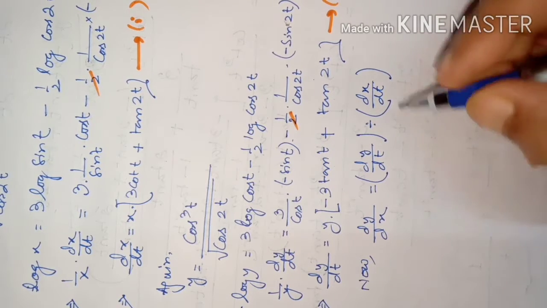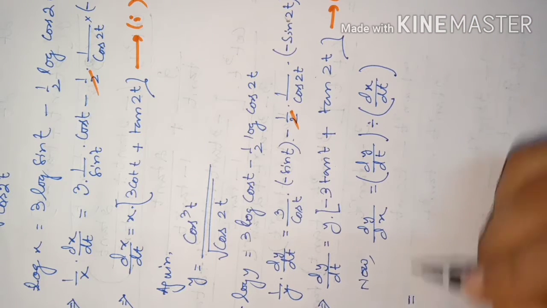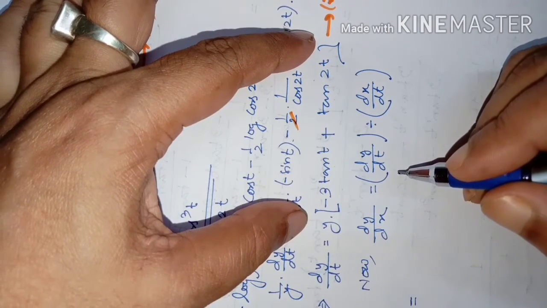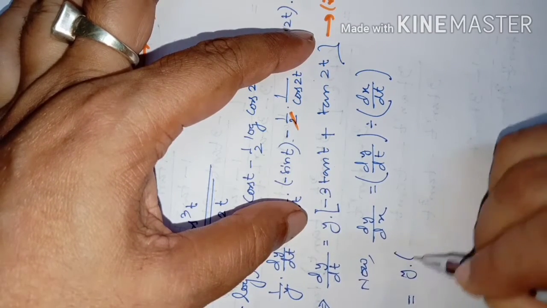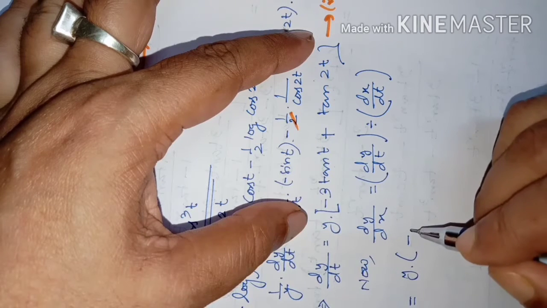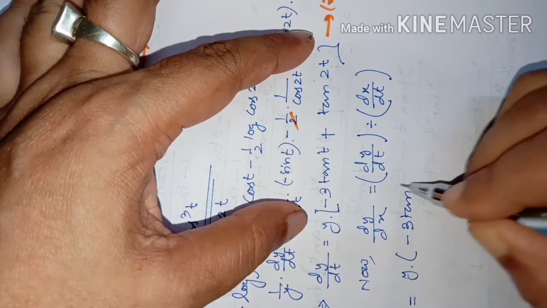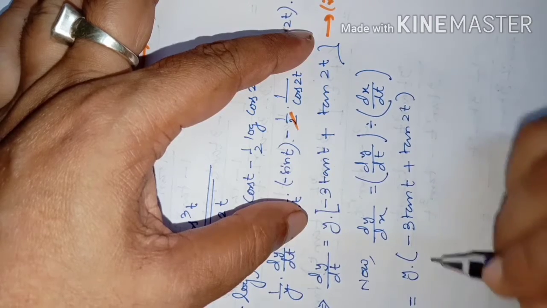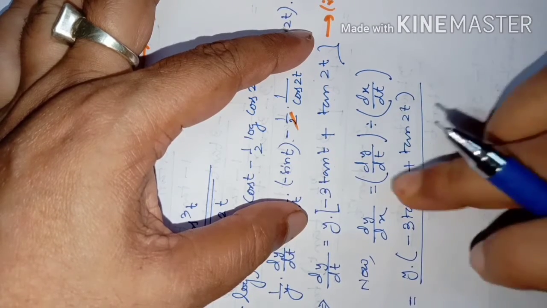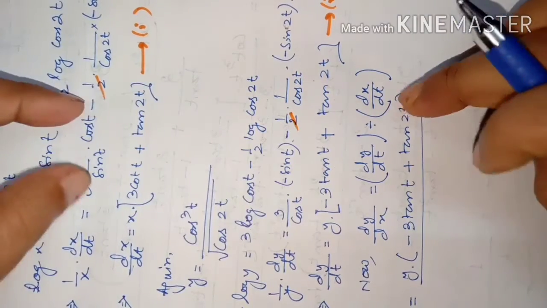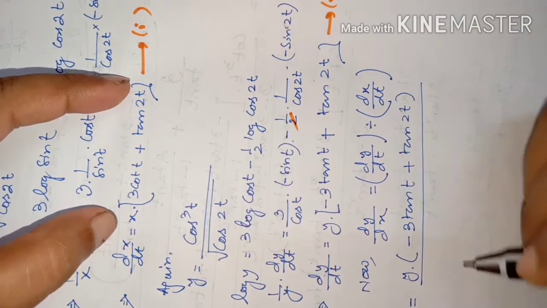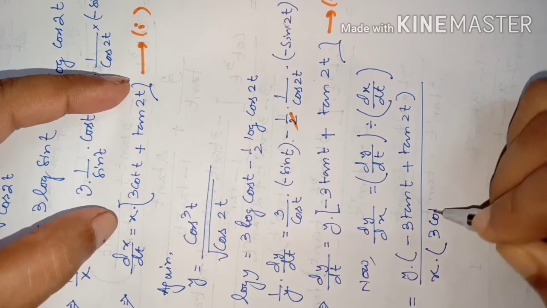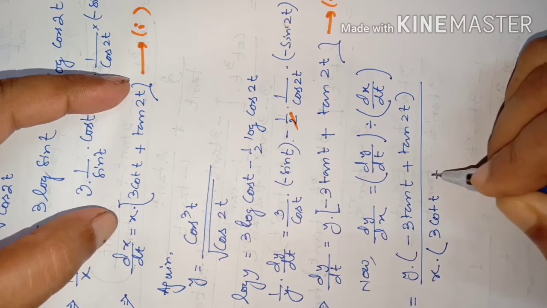Now dy by dt is here, y into minus 3 tan t plus tan 2t, divided by dx by dt, which is this one, x into bracket 3 cot t plus tan 2t.